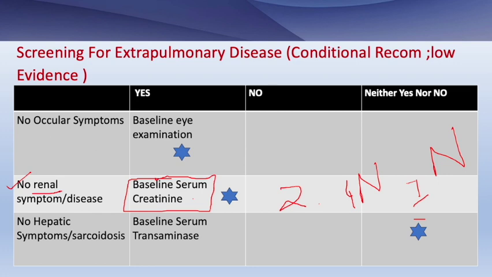The third organ to be seriously involved is the liver. If your patient does not have any symptoms of hepatic sarcoidosis, then also a baseline serum transaminase is recommended. However, the guideline also says that it can neither support nor refute routine serum transaminases at baseline, but it should be performed as good practice.